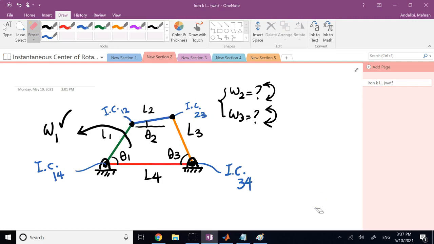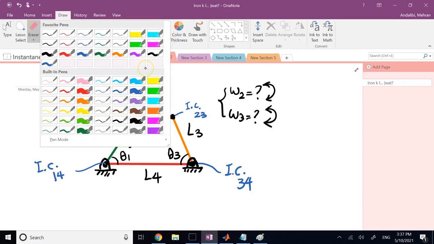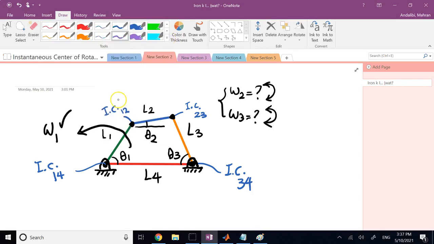Now let's use this theorem. This theorem says if I connect these two points, 1-4 and 1-2, together, on the line that connects 1-2 and 1-4 lies 2-4, correct?